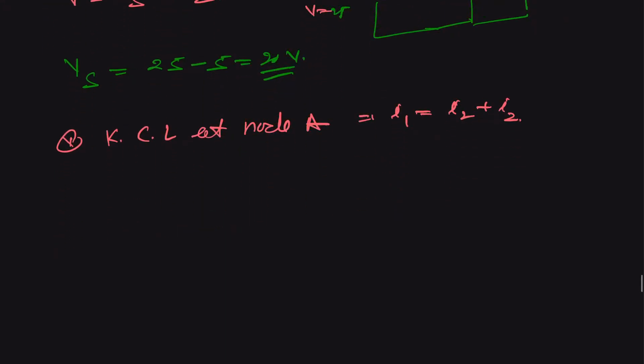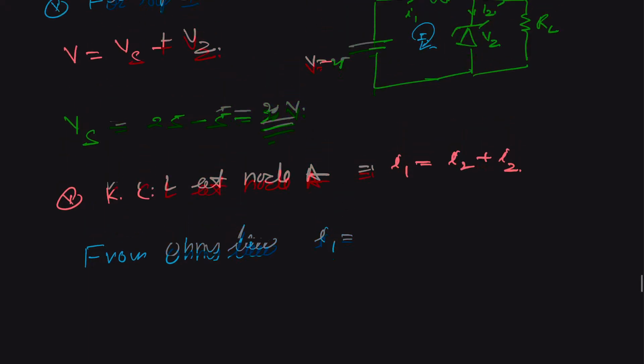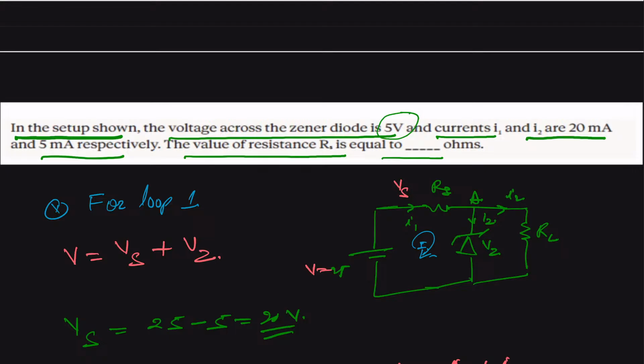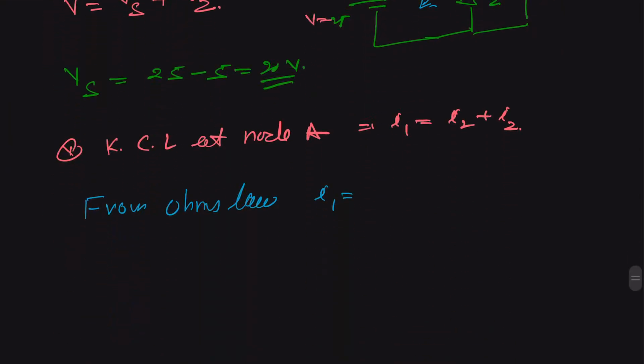Yeah, I1 is given to us as 20 milliampere. Therefore, from Ohm's law we can find out RS.